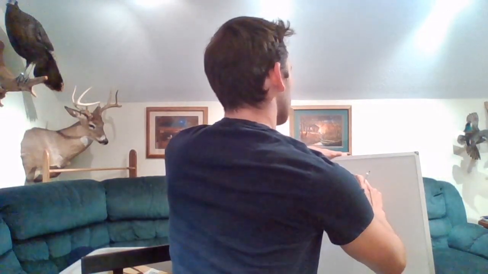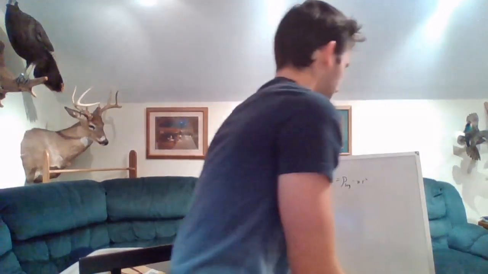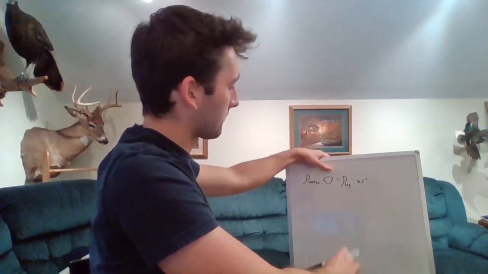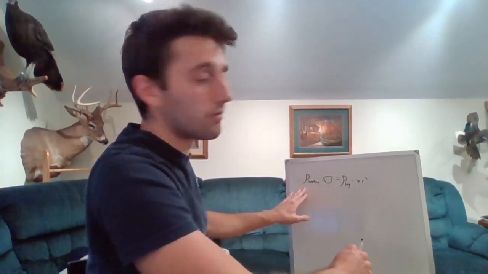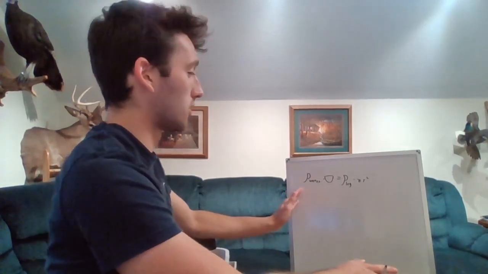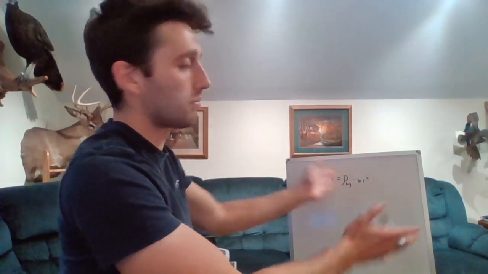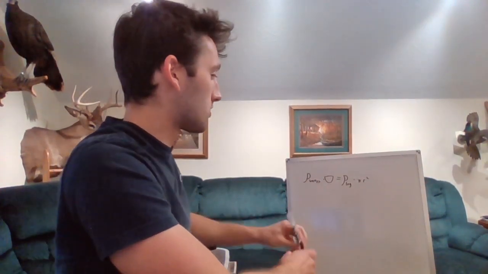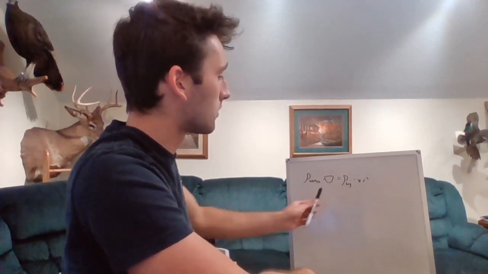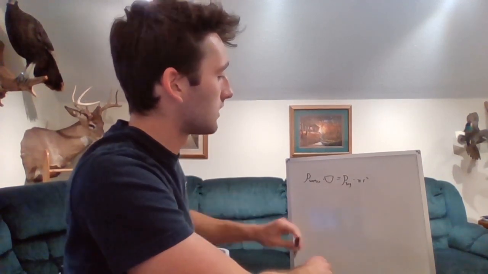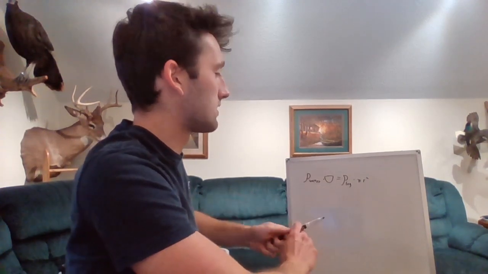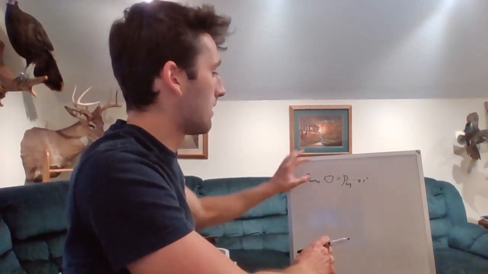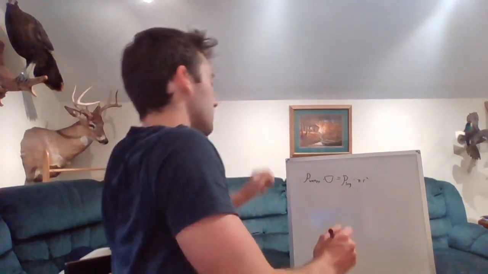That does not look like a pi. So the only thing we know is that the density of water is 1,000 kilograms per meter cubed, and we know pi r squared is the area of a circle. So our two unknowns are the density of the log, which is what we are after, and then this area of the cross-sectional surface.